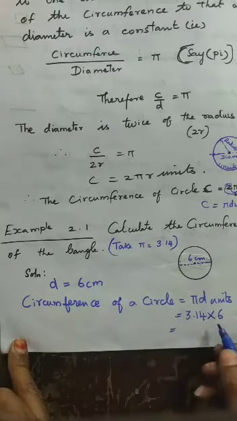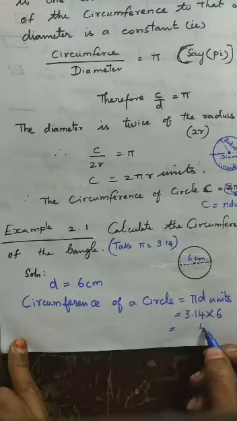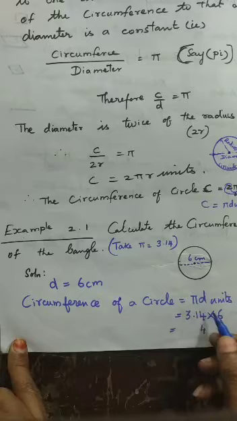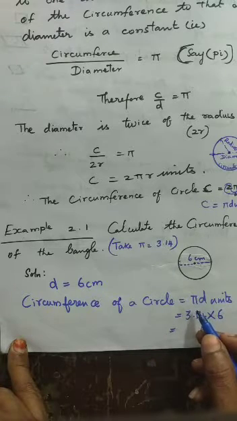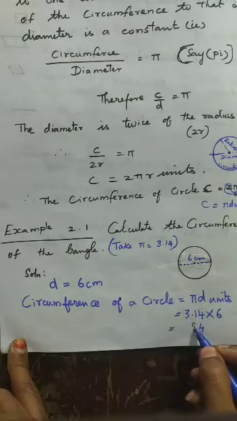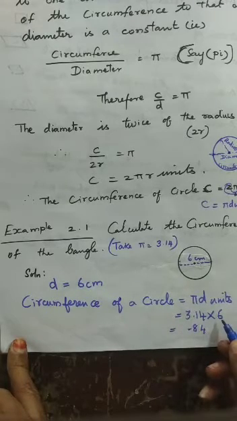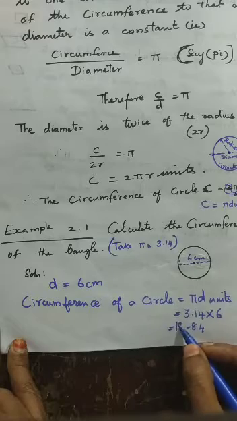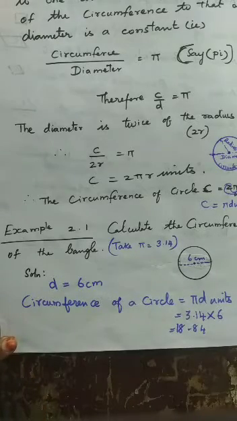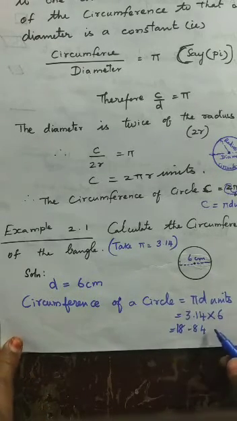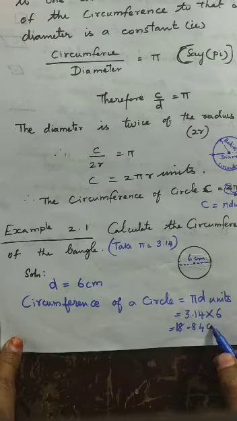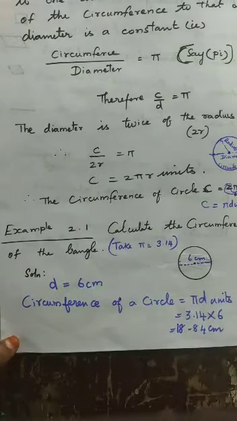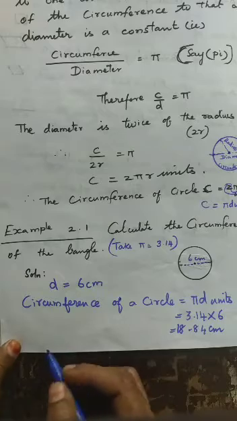So now you multiply. 6 fours are 24, remainder 2, 6 ones are 6, 7, 8. Point. 6 threes are 18. The answer is 18.84 centimeter.